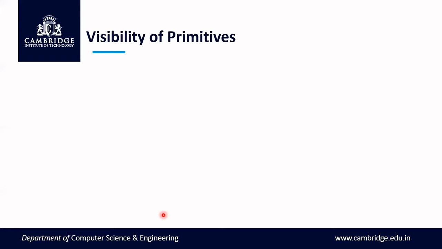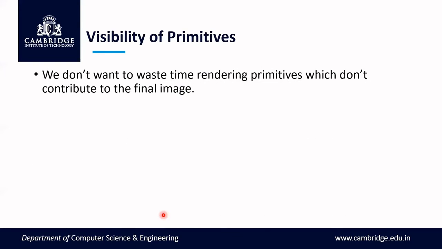Visibility of primitives. Now, what is a primitive? A primitive is a basic object drawing. When I draw primitives for the objects, what are the criteria I have to identify here? We don't want to waste time rendering primitives which do not contribute to the final image.